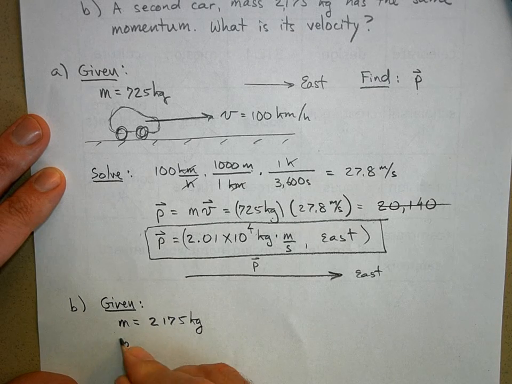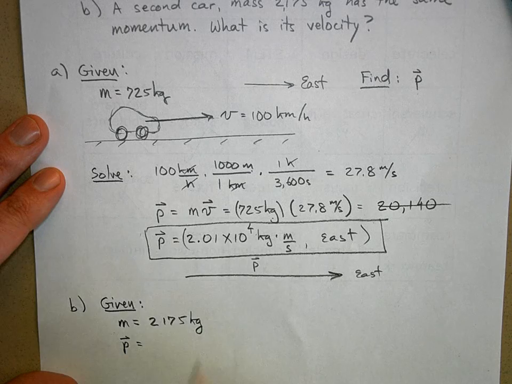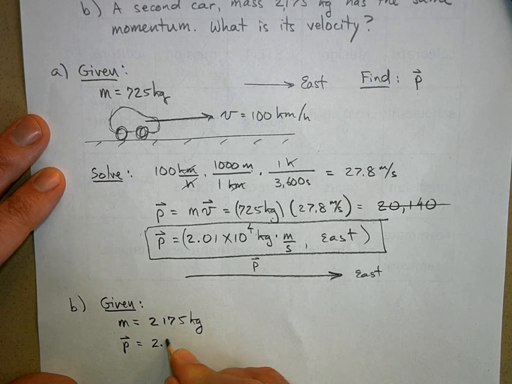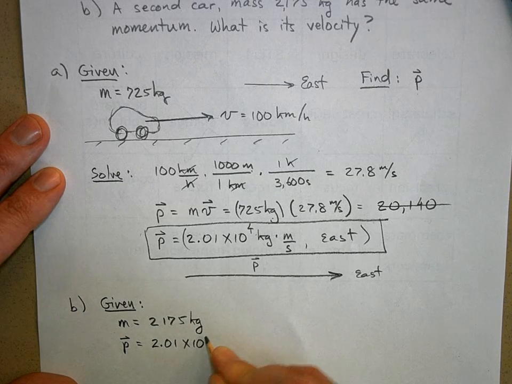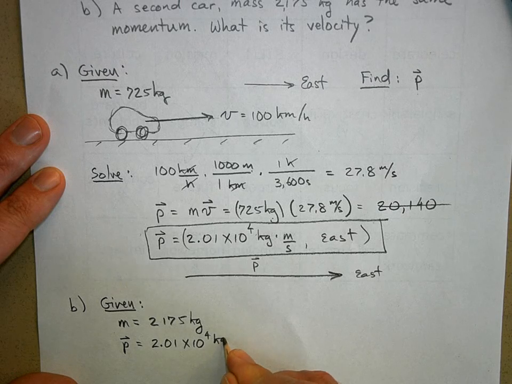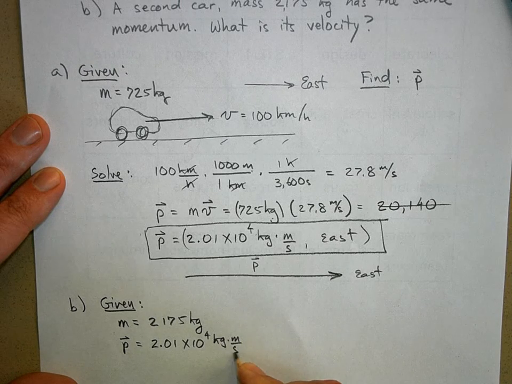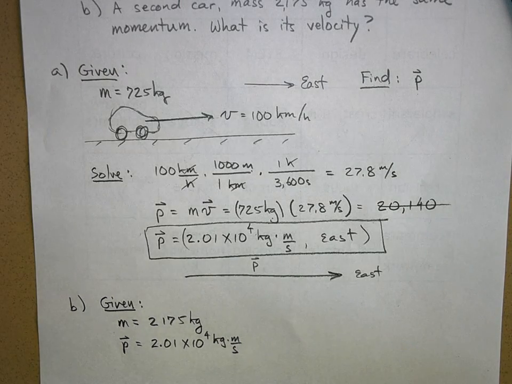But we also know what its momentum is. Its momentum is 2.01 times 10 to the 4 kilogram meters per second. That is, it has the same momentum as the smaller car.